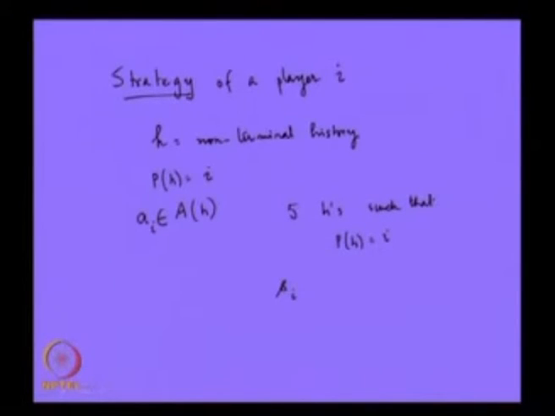So, if there are suppose 5 sub histories after which i is supposed to make a move, then the strategy of i, we shall denote it by s_i, will consist of 5 elements. Each element specifying what this player i is going to do after that particular sub history.